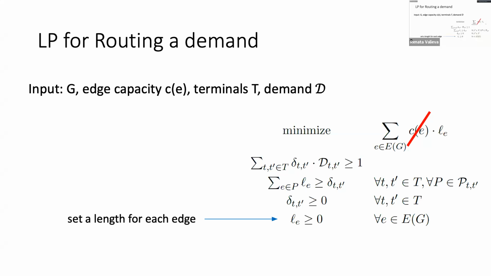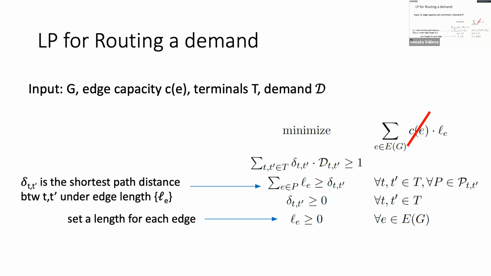The only connection between delta and L_e is this constraint. What it is saying is, for every pair of terminals, and for every path connecting this pair of terminals, the total length on the edges of this path is at least delta between them. So delta is the shortest path distance in the graph where the edges are weighted by the L_e. For any path, its total length is at least this distance.